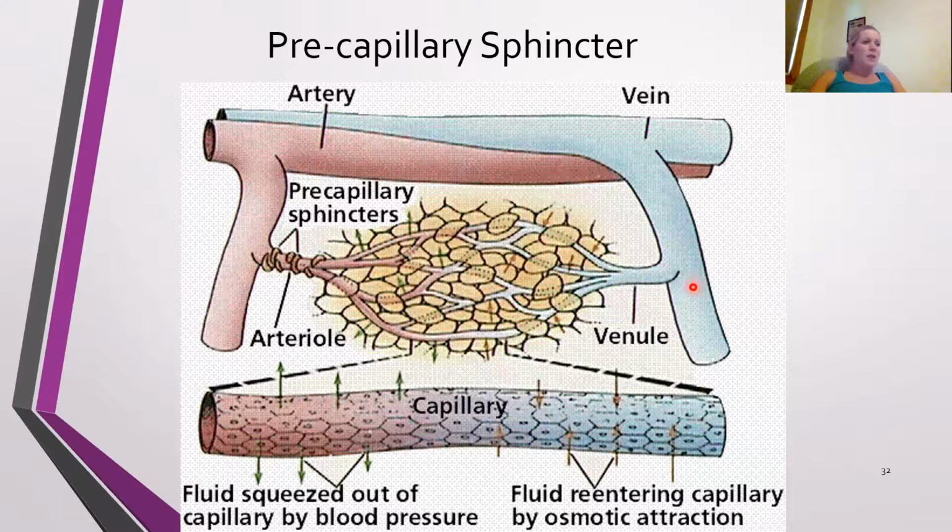Okay, we have these pre-capillary sphincters, which are smooth muscle that help us to regulate blood flow. So when the tissue is active, the sphincter will open, and that'll allow blood to flow into that capillary bed. If this tissue doesn't need any blood, the sphincter will remain closed, and the blood will go around the capillary bed and into the veins.